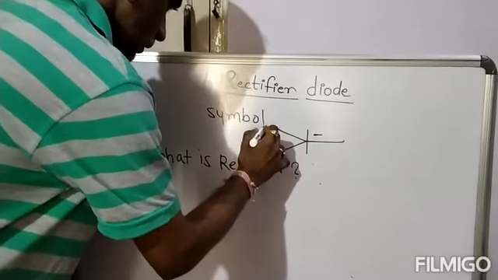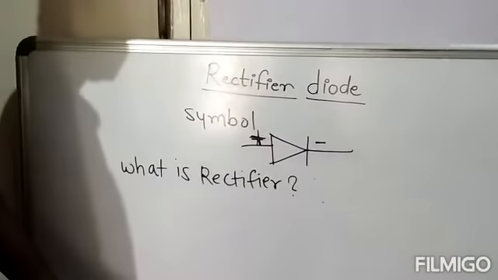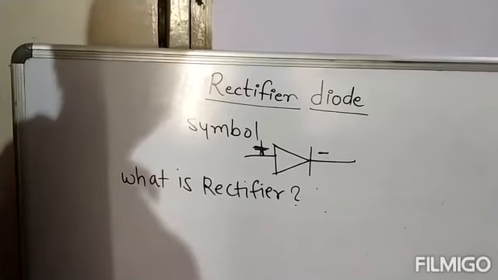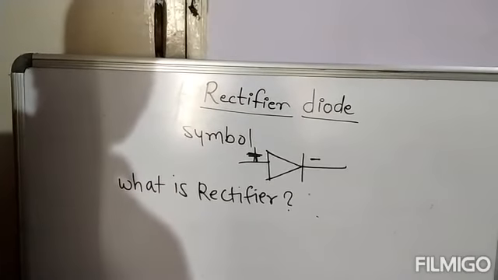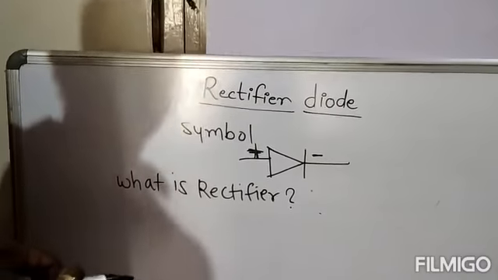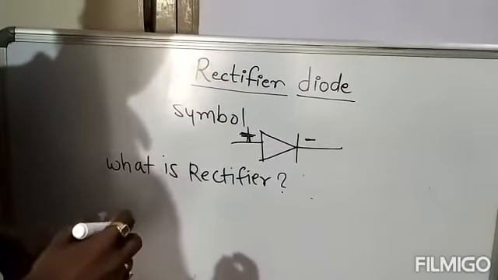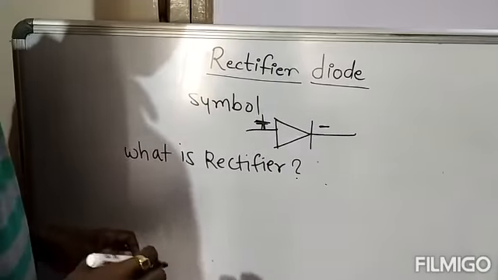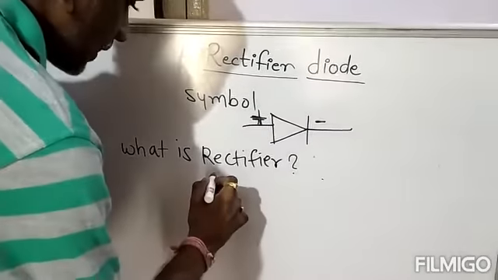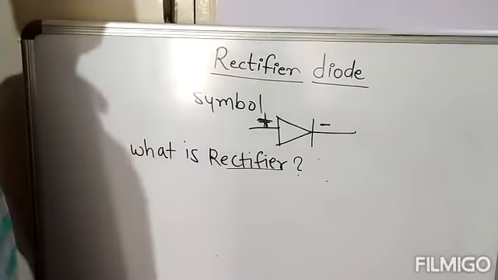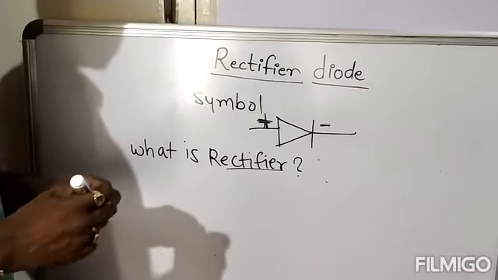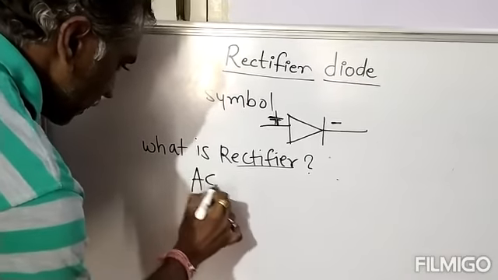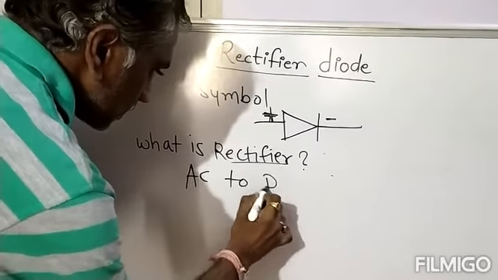So diode is a component which is used to develop a rectifier circuit. Now, how to use a diode to develop a rectifier? First of all, I want to tell you something regarding rectifier. So what is rectifier? Rectifier is a circuit which converts AC supply to DC supply.